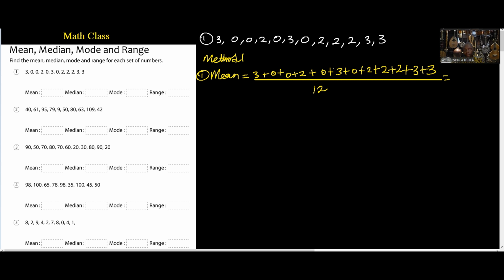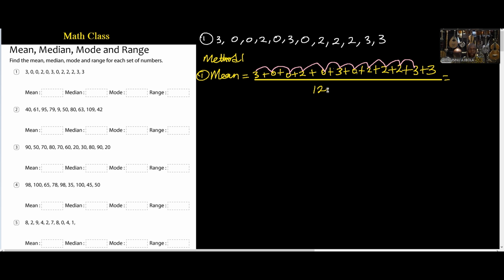So to add it together, this is 3, this is 5, this is 8, 10, 12, 14. 14 plus 3 is 17. Then this is 20.